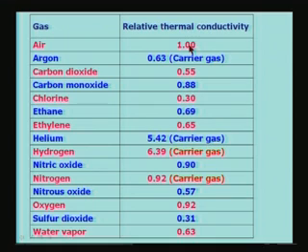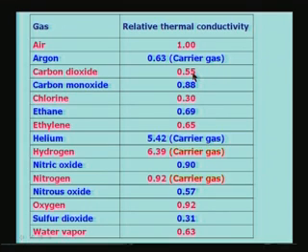Okay. For example, if I take argon, it is less conducting than air, it is about 0.63, and I will come to how this can be used for detection. Carbon dioxide is 0.55. This is all at one temperature, maybe at 0 degrees Celsius or 25 degrees Celsius, usually either 0 or 25 is quoted.